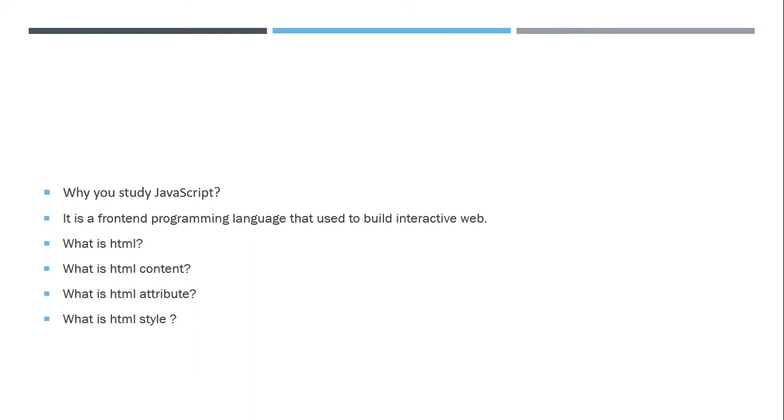Give me some examples of an HTML tag and HTML content, examples of an HTML attribute, and what's HTML style or how to apply style for HTML elements. Again, at the end of this course, make sure you answer these questions.